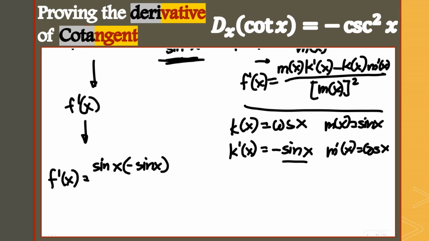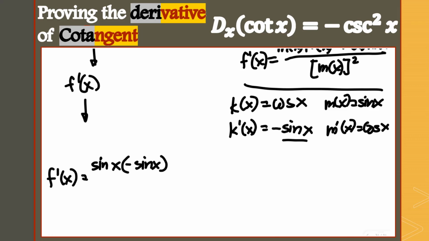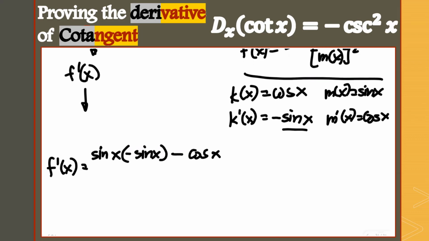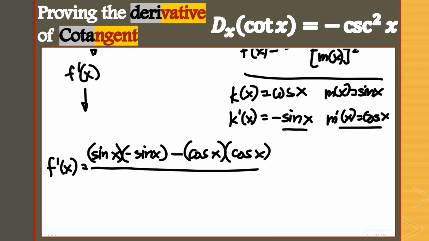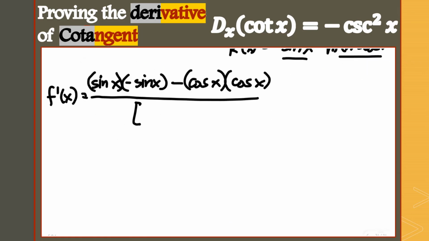Then minus, take note it's minus, your numerator cosine x times, I'm using this parenthesis to separate the angle from the trigonometric function, the derivative of your denominator, another cosine x, all over the square of your denominator, which is again sine x, the square of that.